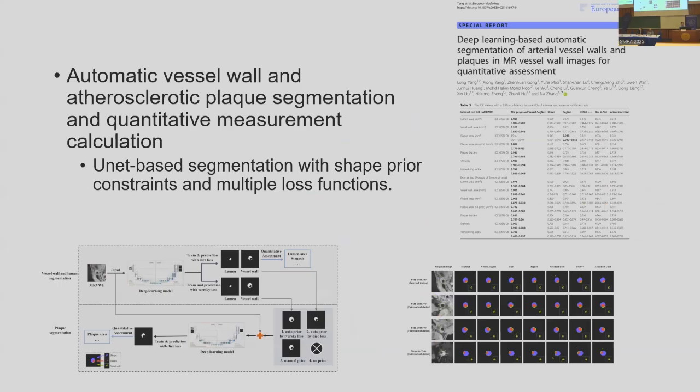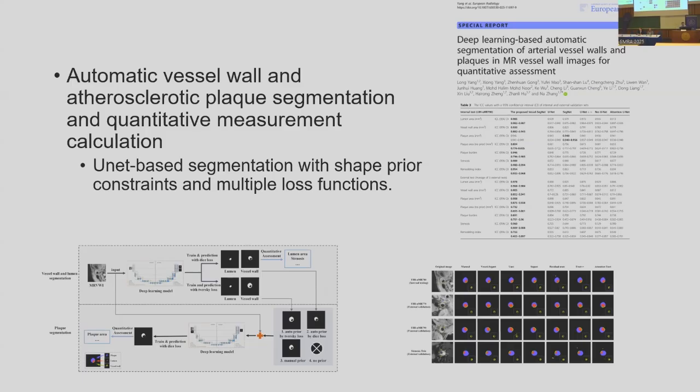Another group, in this also recent publication, used a deep learning neural network-based approach to segment cross-sectional images of where the arteries are and of the lumen and outer boundaries, and therefore the so-called composition of the lesion.